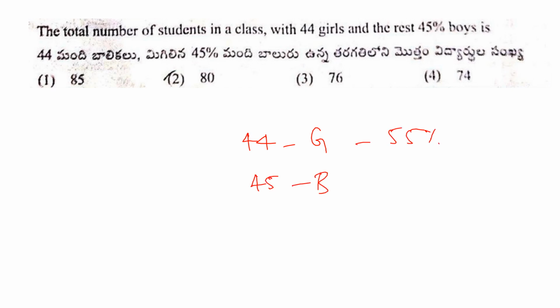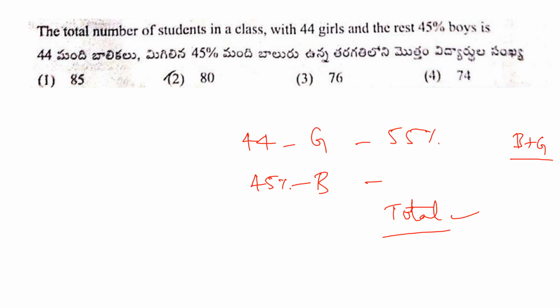Then 55% girls only in the class, and 45% boys. They are asking for the total number of people in the class. Total number means boys plus girls. We have to calculate that.